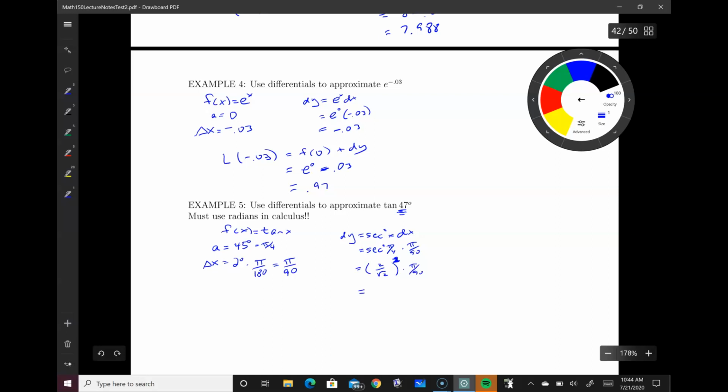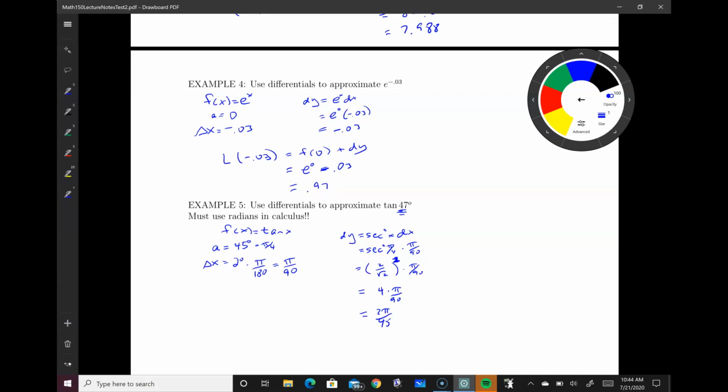So this will give me a 4 over a 2 squared, so that's 4 times pi over 90. All right, so let's see, 2 pi over 45 would be the dy.